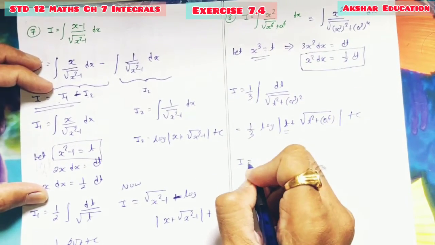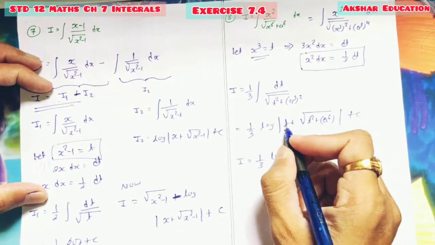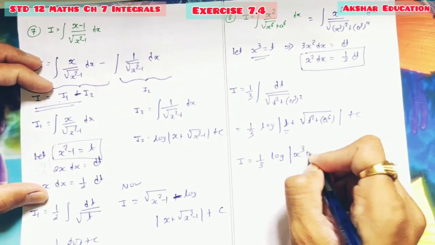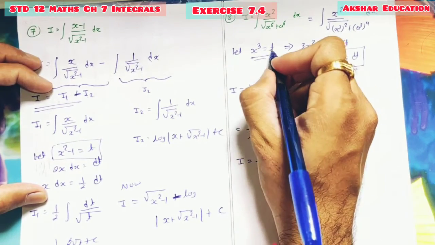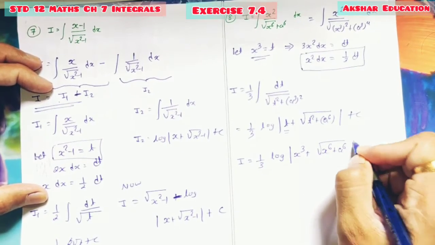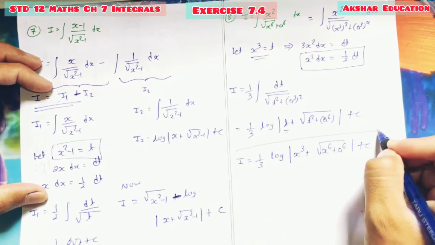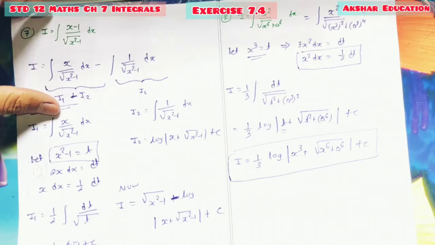So integration I is 1 upon 3 log mod t is x cube plus square root of, now again t square, so x raised to 6 plus a raised to 6 plus c. This is your answer.